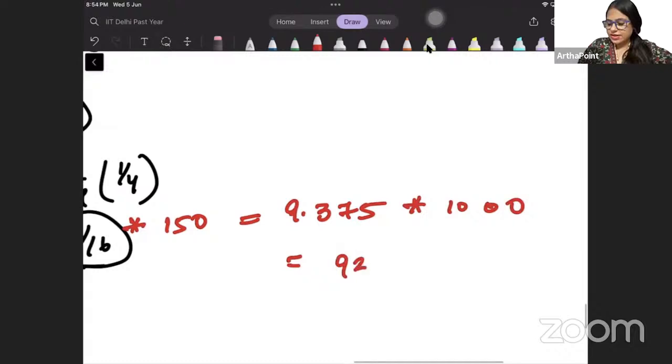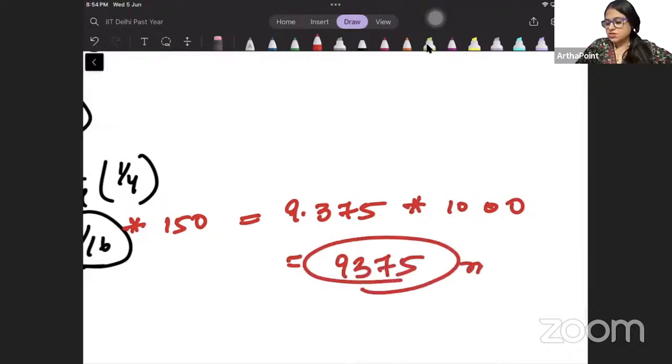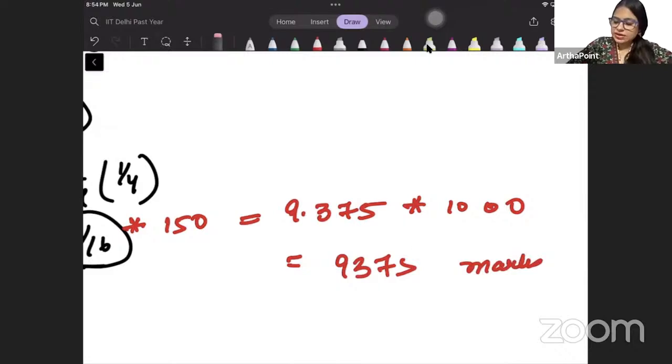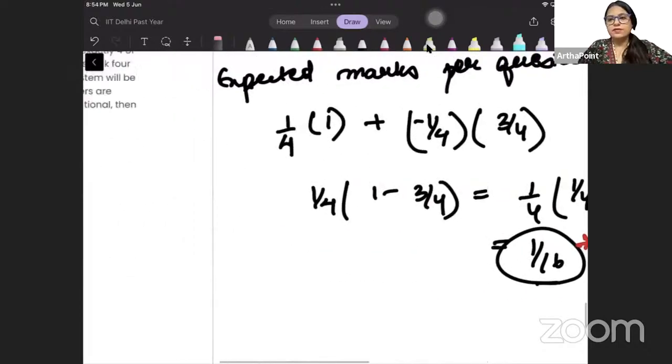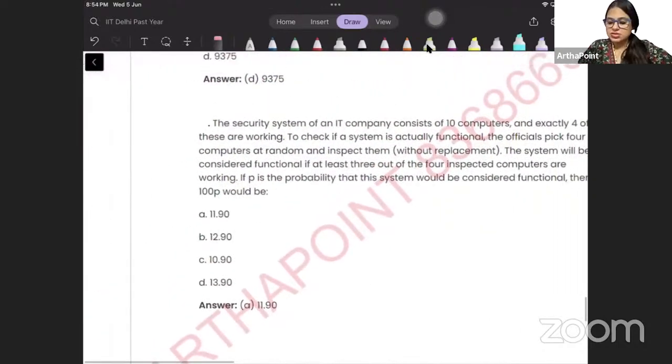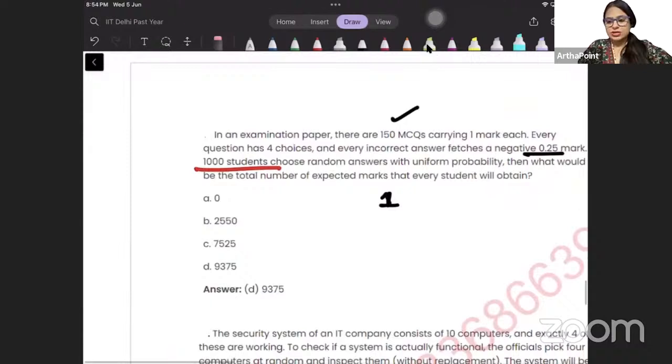This will give me 9,375 marks. So these are going to be my expected marks in this paper. 9,375 would be my expected marks. I hope this question is clear to you. So the correct answer to this question will be D, 9,375.